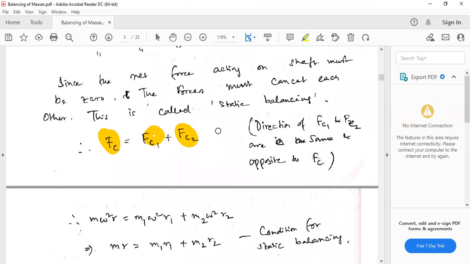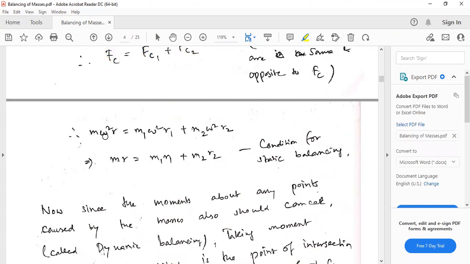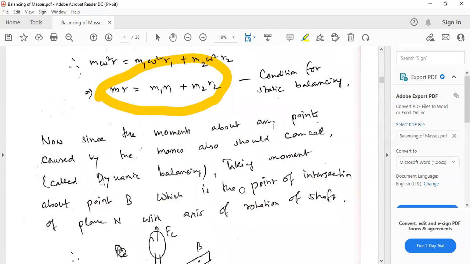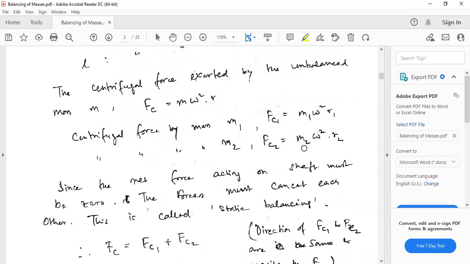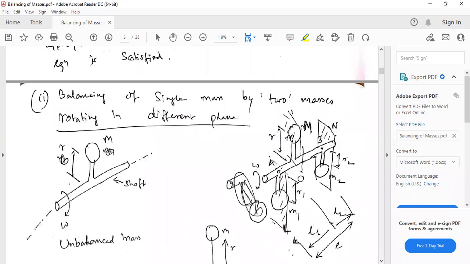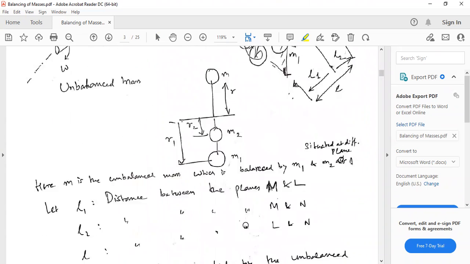We call it static balancing. So we can write m r omega square equal to m1 r1 omega square plus m2 r2 omega square. Omega square gets cancelled out because it is the same, and we have this as the condition for static balancing.